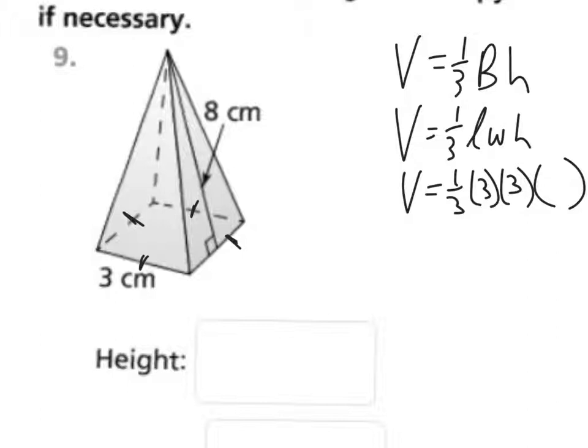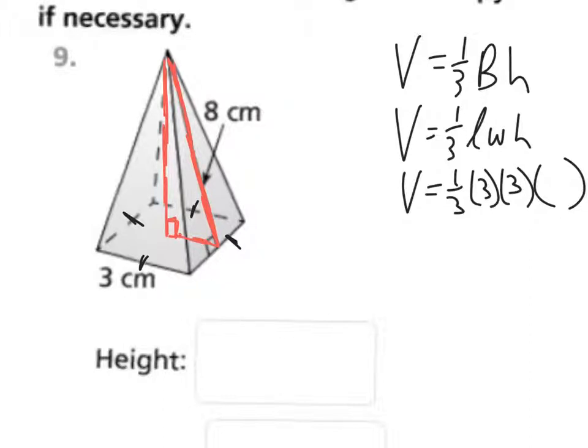So just remember how we talked about this yesterday is that we're going to have to form a right triangle. We're going to form a right triangle here, and then we're going to use that in order to figure out what the height of this pyramid actually is.